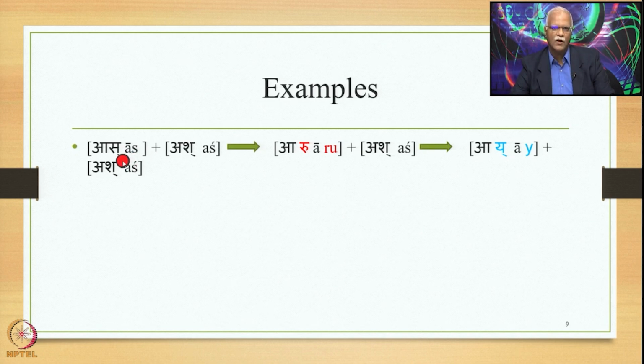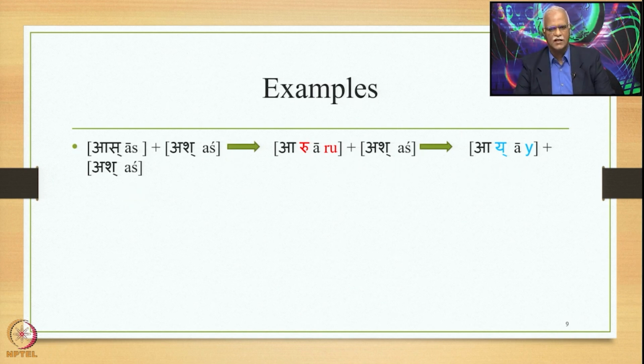Now we have long a. So as plus ash, this sa gets substituted by ru. So we have aru plus ash. Now 8.3.17 applies and substitutes this ru by ya, so ayash. This is the example. Then what happens?